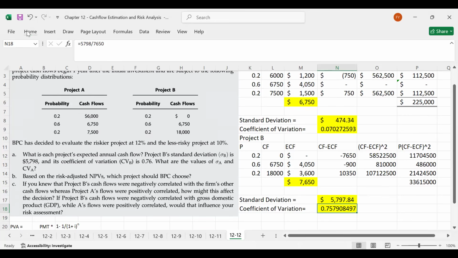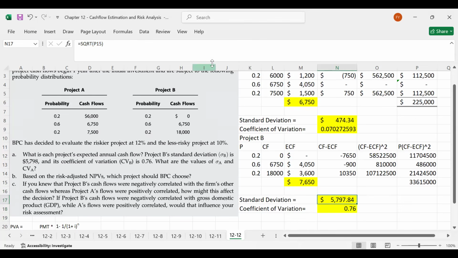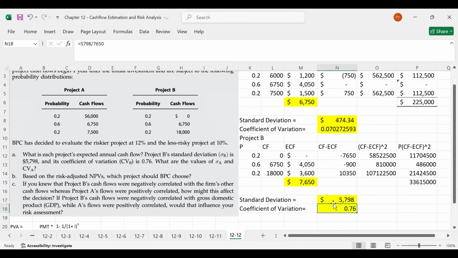When we take only two digits, and again we are excluding cents, the answer is the same in both cases. You can check it with the problem. It is given in the problem.